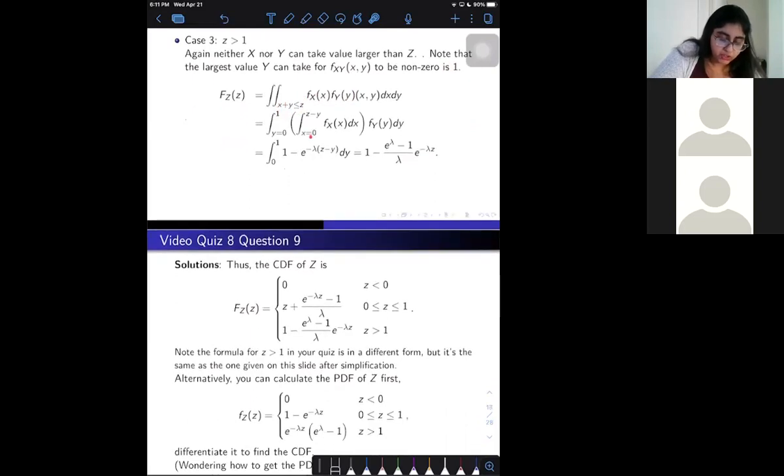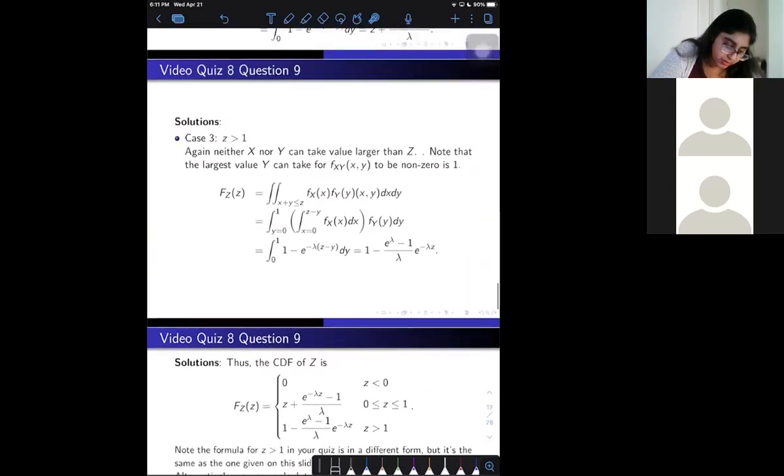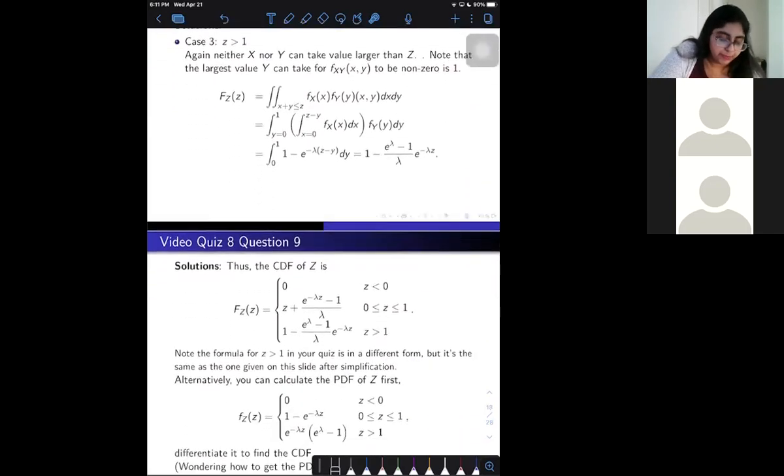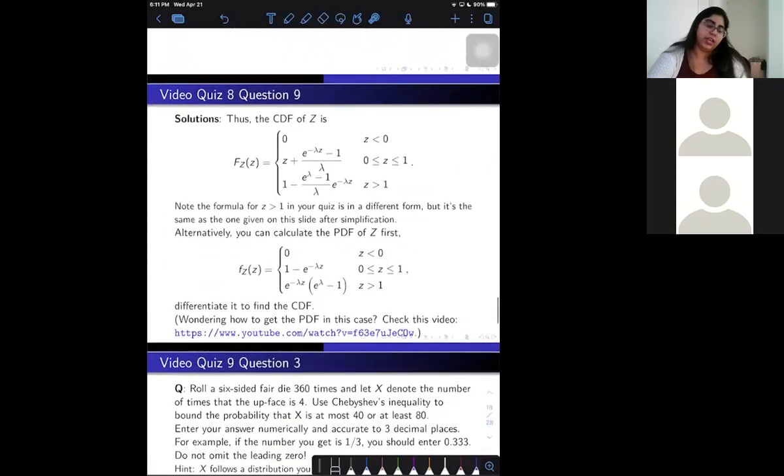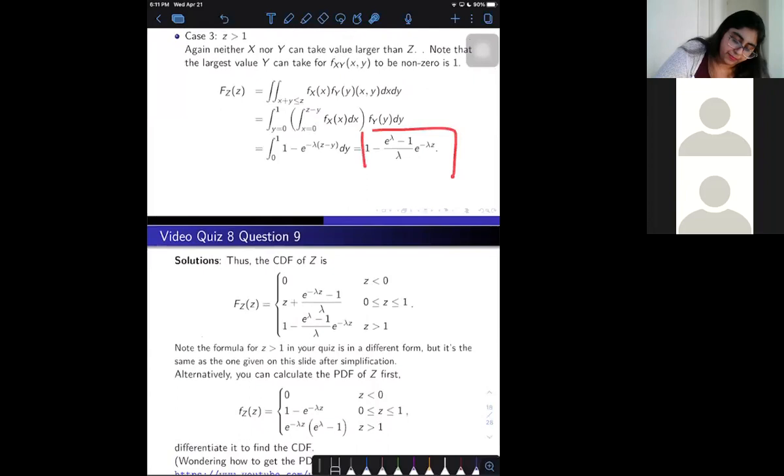You can do x first or y first, it doesn't really matter. Here x goes from 0 to z minus y, and y is from 0 to 1. We know the marginal for x and the marginal for y. Just plug those in, integrate the double integral, and get this.